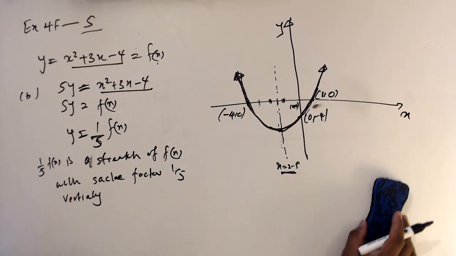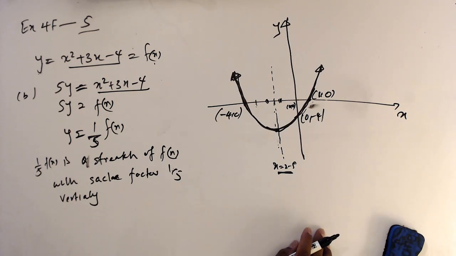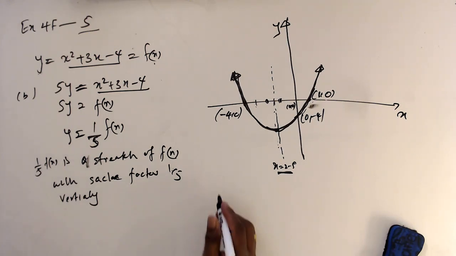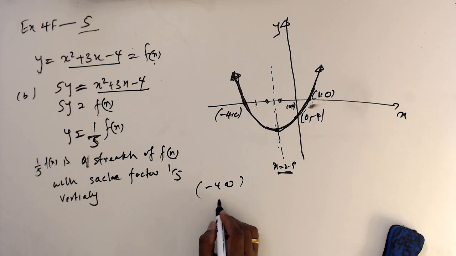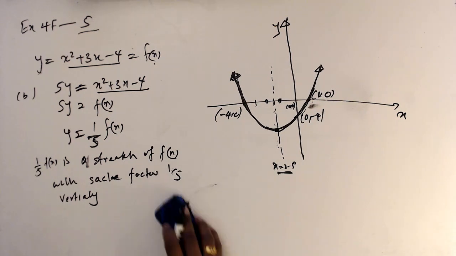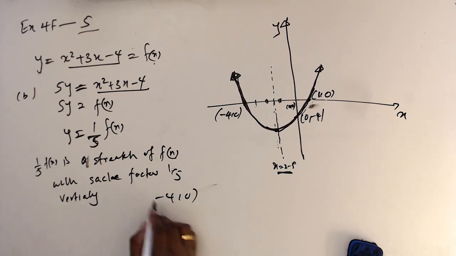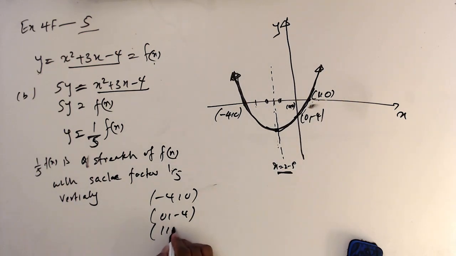So we know that in here x values are fixed, y values are going to be changed. Let's take a few x values: (minus 4, 0), then (0, minus 4), and this is going to be (1, 0).